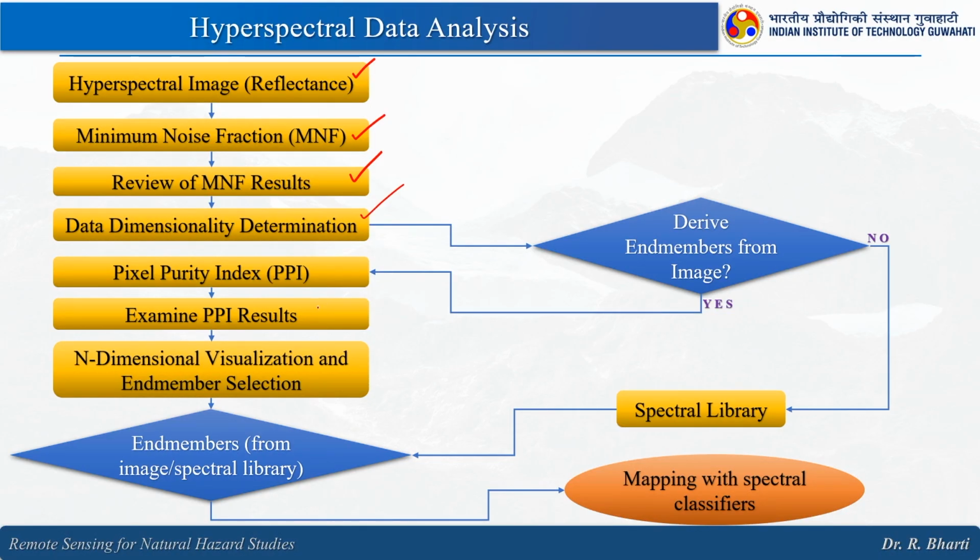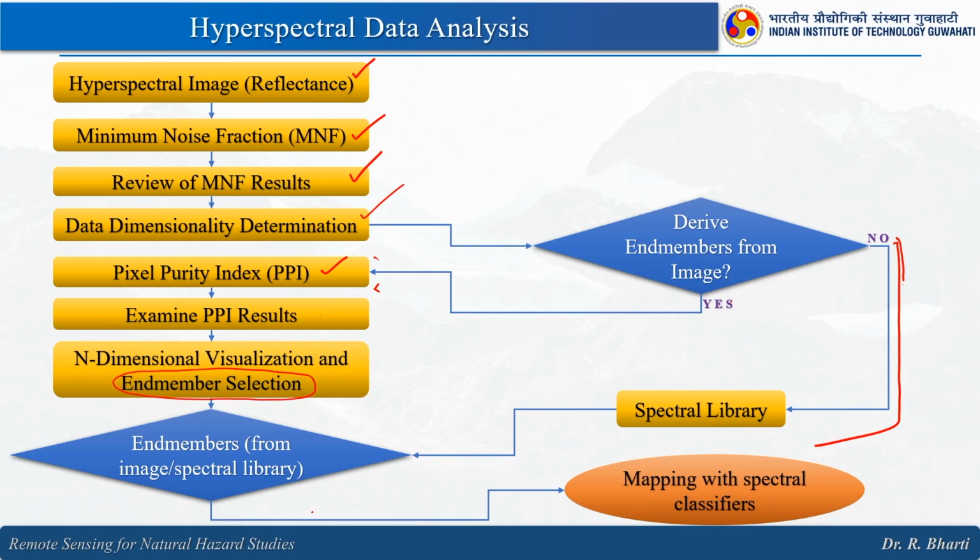Then we use the end members, which can come from your spectroradiometer. If you have a spectroradiometer, then you go with this. If you do not have one, then from the image itself you have to derive the end members, and here you will follow the pixel purity index, and then from there you will do the end member selection.